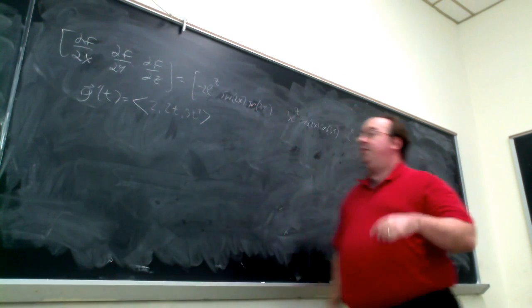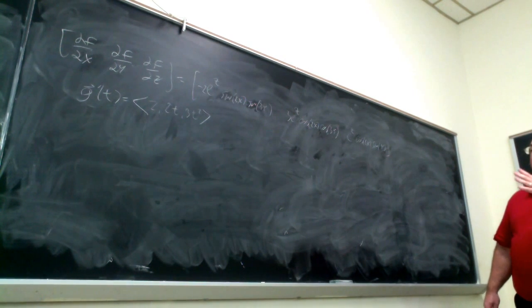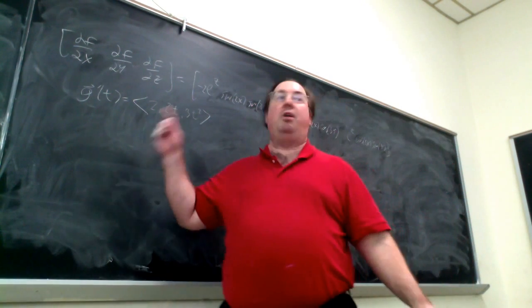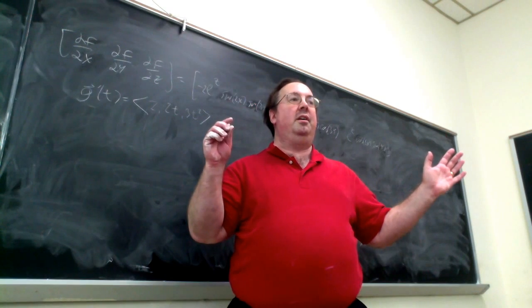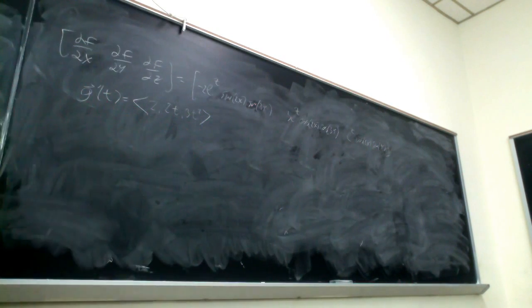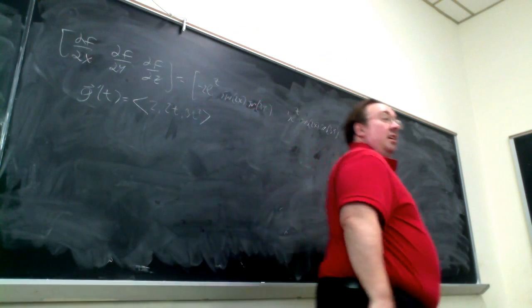Okay. So now, does someone have a question? Where did that come from? Like the negative 2 e to the z. Here's my function. I'm taking a derivative of this function with respect to first x, then y, then z.